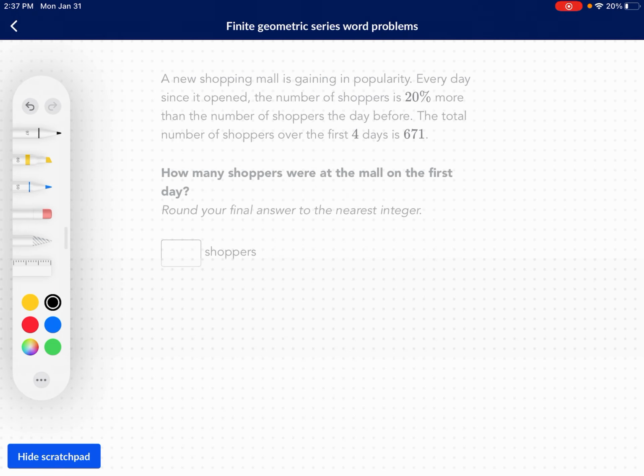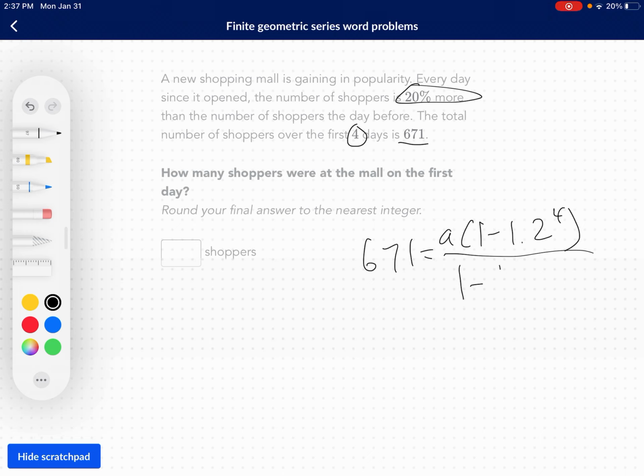Okay. On the first day again. Okay, so 671 equals the initial term times 1 minus 1.2 because 20% more, and 4 days, so we raise it to the fourth power. Then 1 minus the common ratio 1.2. You can multiply negative 0.2 on both sides.